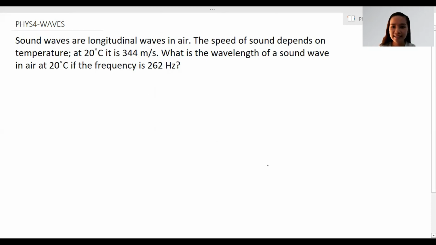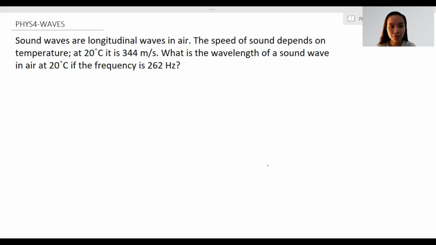Okay, so for the last example, we have here: sound waves are longitudinal waves in air. The speed of sound depends on temperature. Now at 20 degrees Celsius, it is 344 meters per second. What is the wavelength of a sound wave in air at 20 degrees Celsius if the frequency is 262 hertz? Now what is asked in the problem is the wavelength.